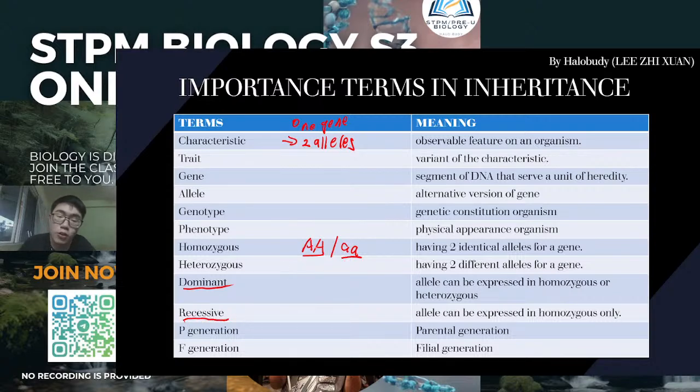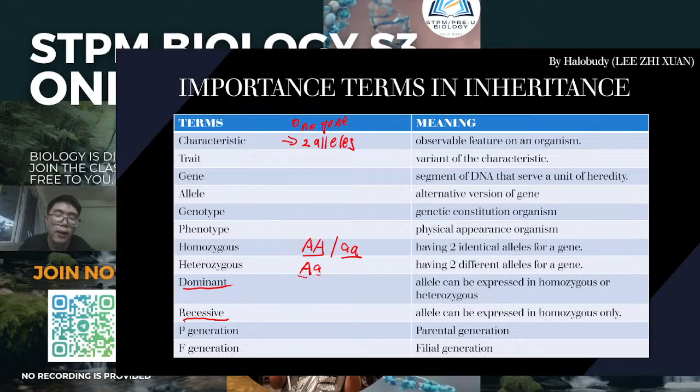Okay, so what is meant by dominant? Dominant is the allele that can be expressed in homozygous or heterozygous. Heterozygous means it is the hybrid plant, meaning the gene of this organism contains both the dominant gene and the recessive gene.